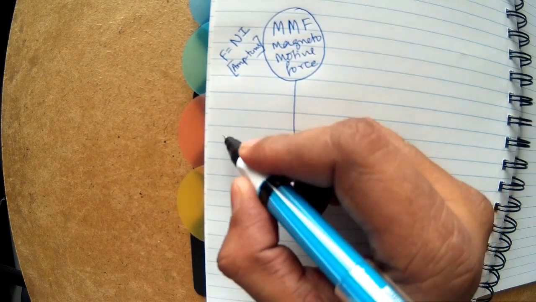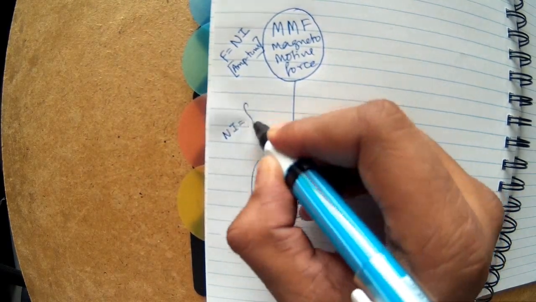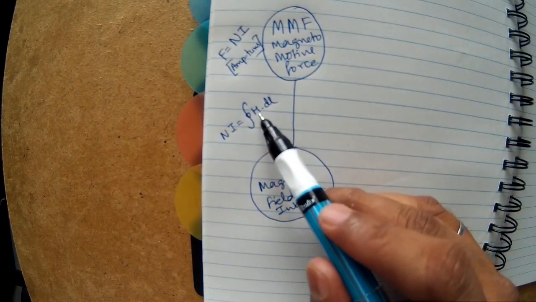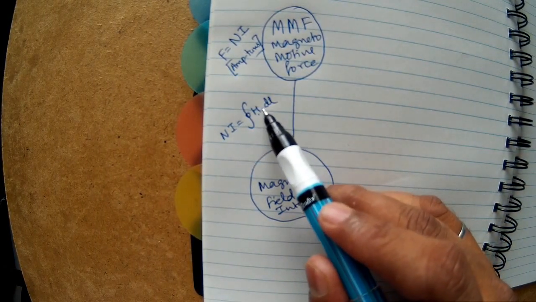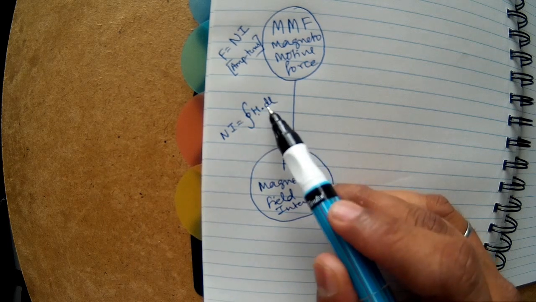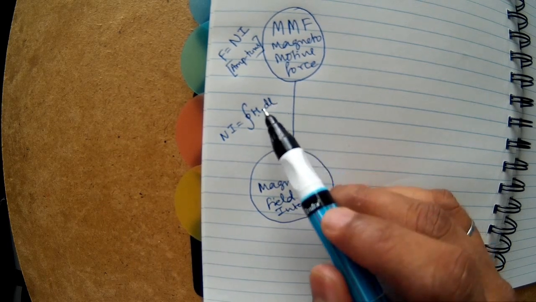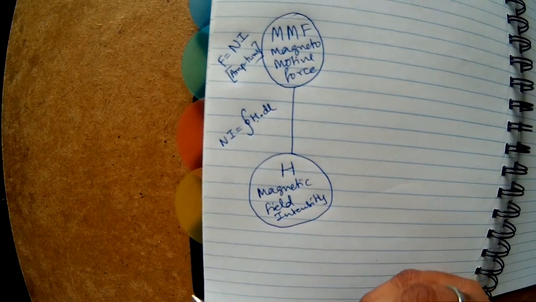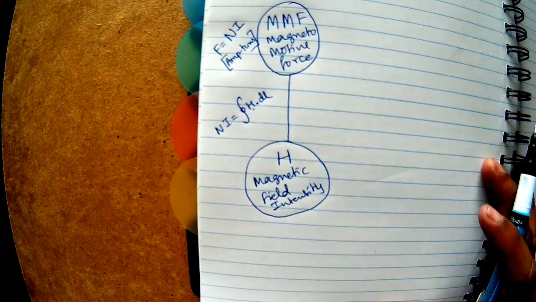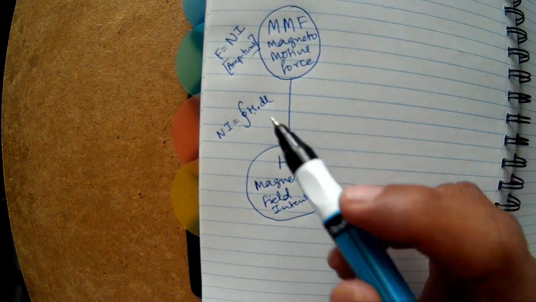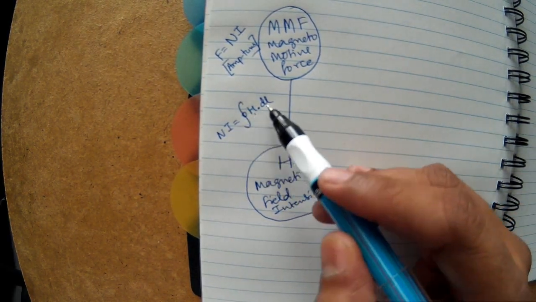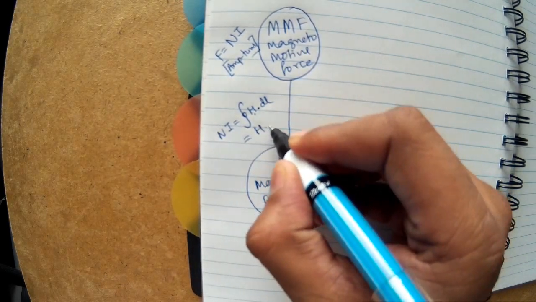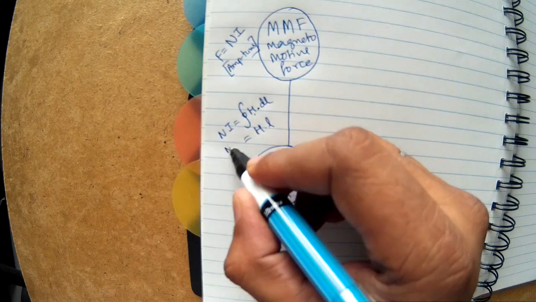I just write the formula: ampere turns is equal to the line integral of H dot dl. So the magnetic field intensity is multiplied across a line, through that length, and then we get the ampere turns. If H is constant, then integration of dl is nothing but L. So I get H into L.